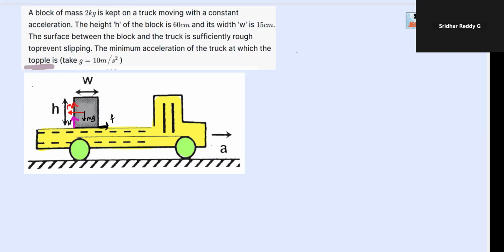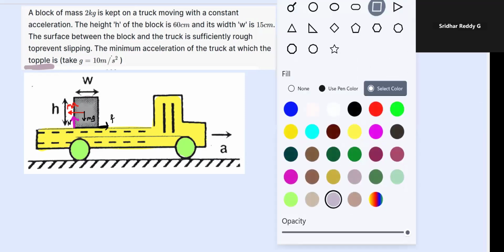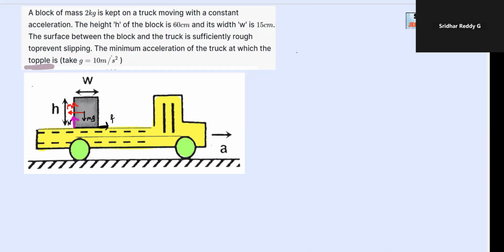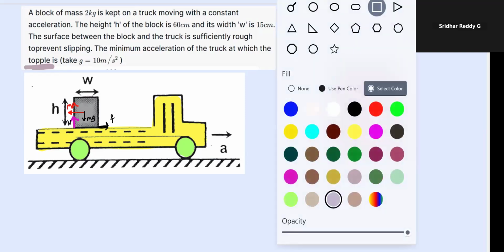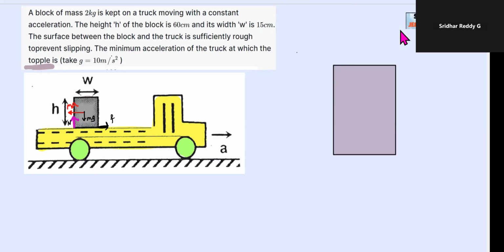So if you check it all, there's a truck accelerating. So the forces, I'll show them. There's a friction force, there's a weight, and there's a normal reaction.